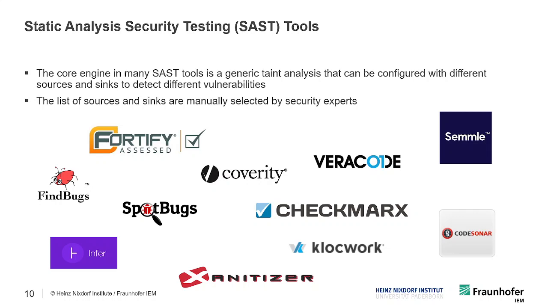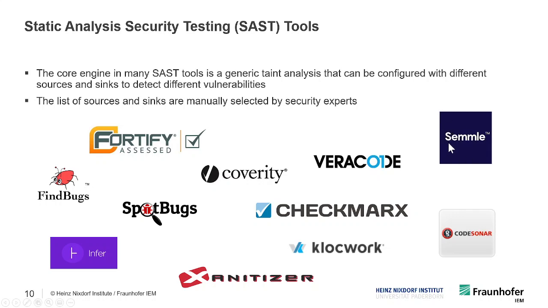Some of them are commercial, for which you need a license, and some provide parts as open source, like Semmle, which was recently bought by GitHub, and they provide parts of their rules for the taint analysis as open source. We are going to see an example at the end of this lecture.